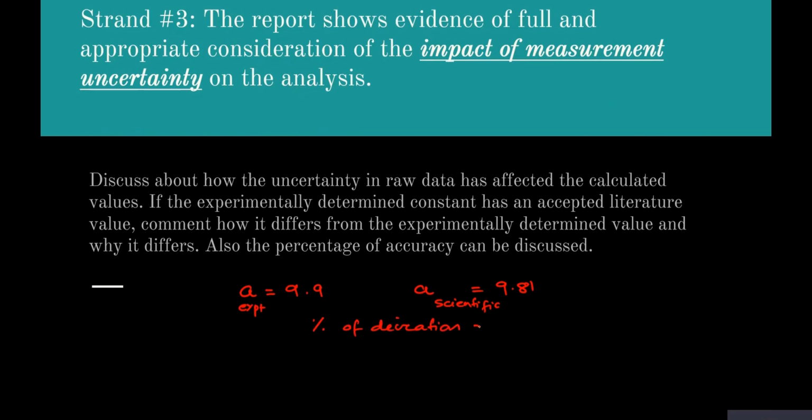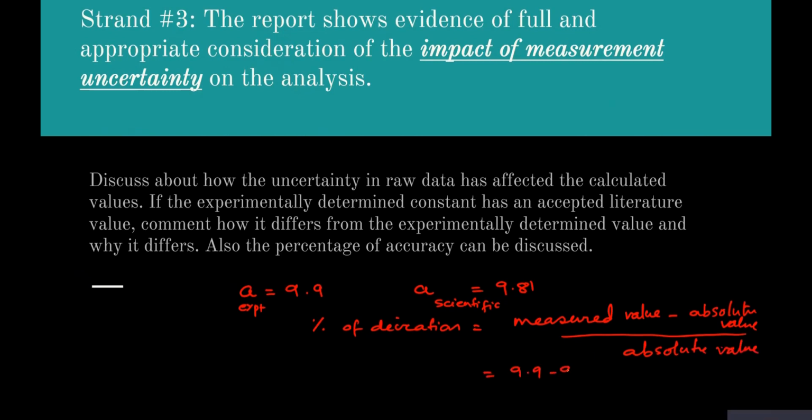It is using the equation: measured value minus absolute value, divided by absolute value. So this is 9.9 minus 9.81 over 9.81. You convert it to a percentage, so multiply by 100. So that will tell you the percentage of deviation.